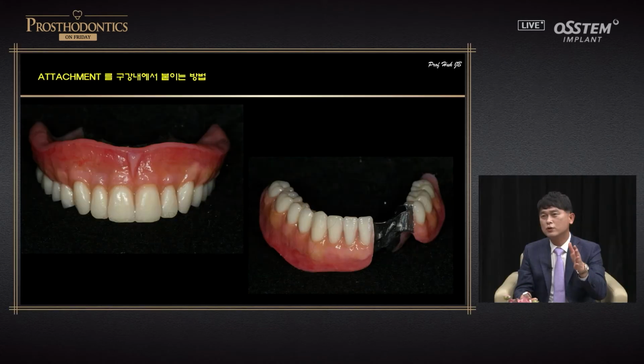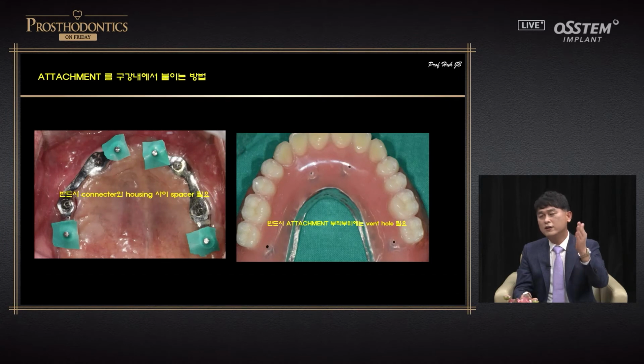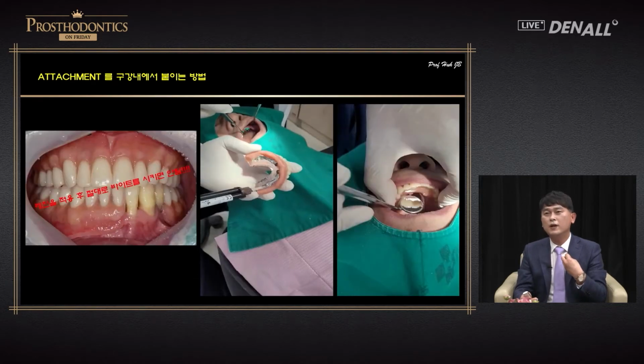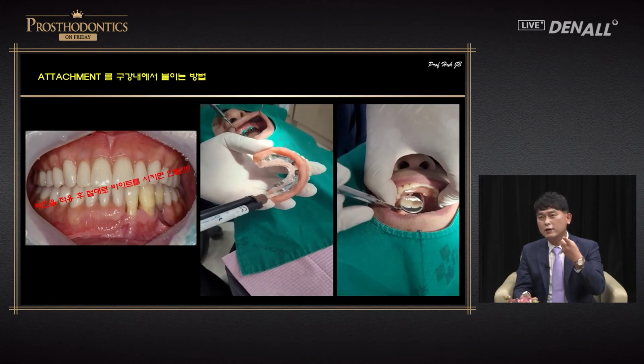Let's assume we make this type of prosthesis, then the prosthesis should not be moving. You have to make a gap where the attachment and the bar are connected. That is very important. I prefer to use rubber dam, about 0.2 micron. That is very good to serve as a spacer. Next, you have to make vent holes in the prosthesis to make resin come out.